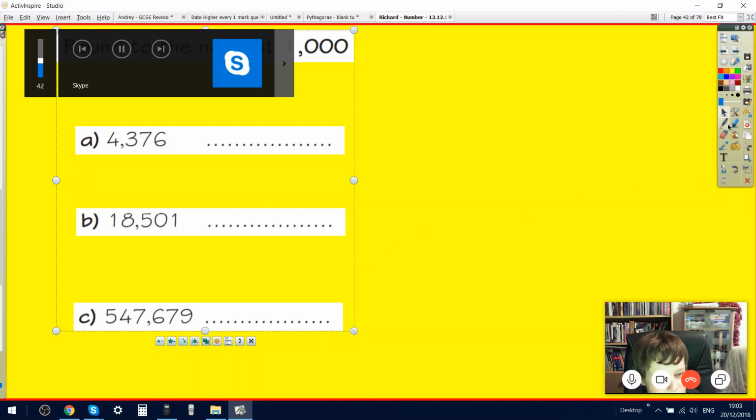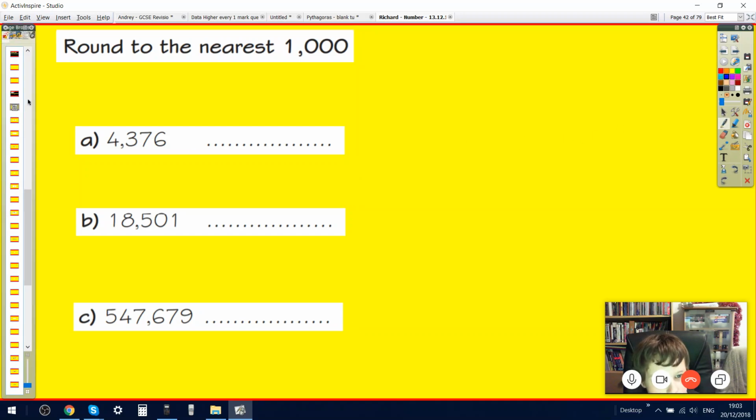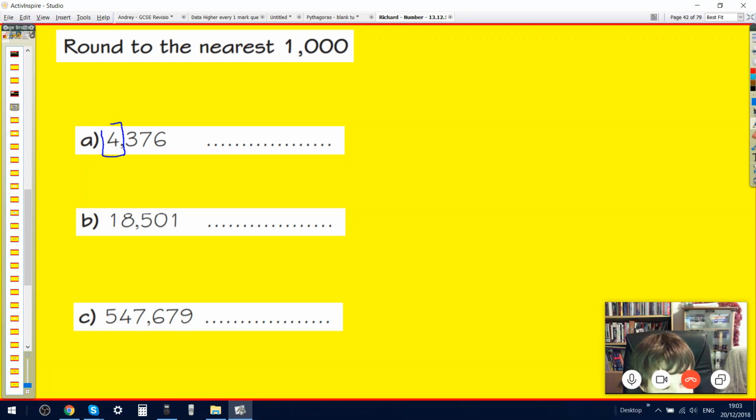Okay. I think what we did was put a box around the number which was in the thousands column. Correct. And then we look at the number next to it. So for part A, which number is in the thousands column? Well, it's the 4. And then we look at the number next to it.